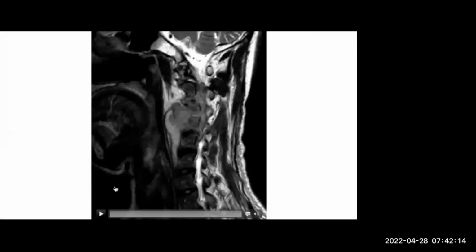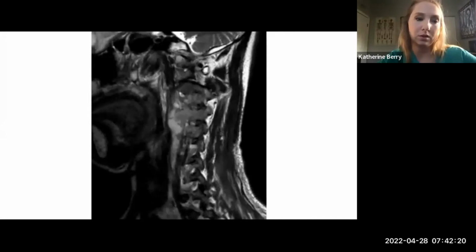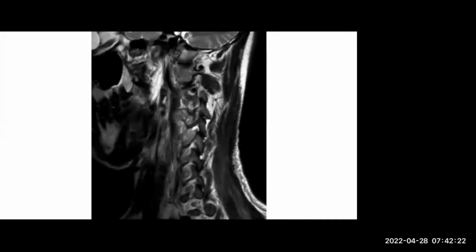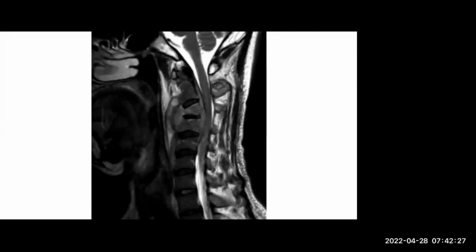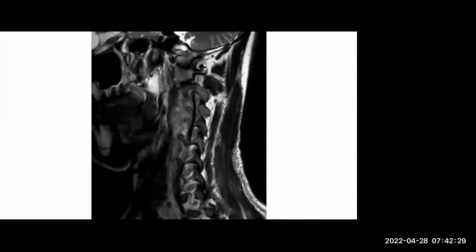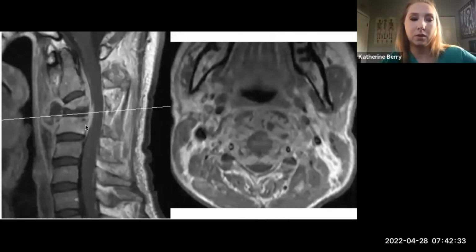Good. Is there a T1? I'm just going to play the T2 for you gradually so you can see how extensive this is for your differential. Extensive lesion. It looks like it's arising from the vertebral bodies themselves, but sort of hard to tell. Is there a contrast? Yeah, here we go. So both are contrasted.